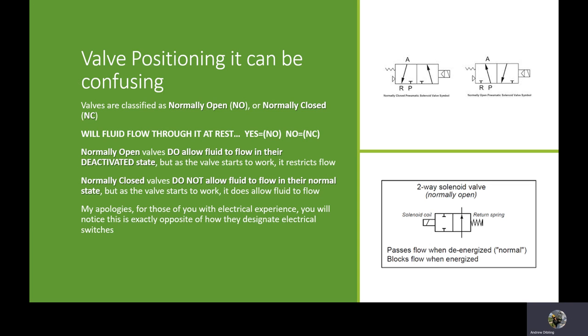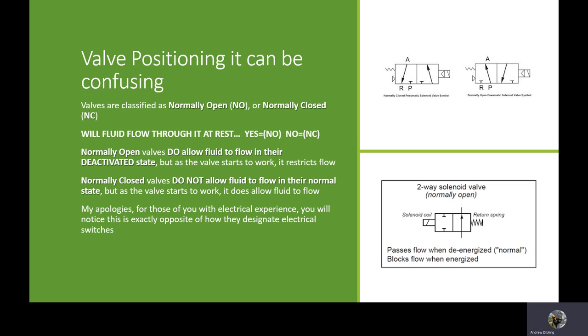So the first thing we want to talk about with valves that can be confusing is this concept of normally closed and normally open, NC/NO. If the fluid will flow through the valve at rest, in other words, without it being actuated, then it is said to be normally open.